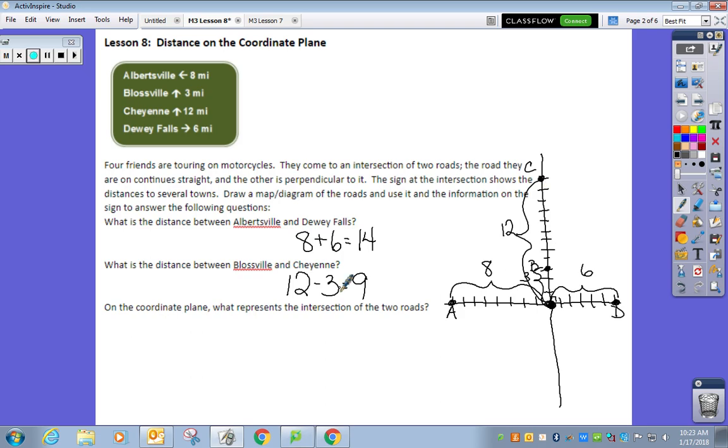So now what the difference is, why am I adding for one and subtracting for the other? What it is is where they're in location to me. So for Albertsville and Dewey Falls, one was to the left of me and one was to the right of me. So they were on opposite sides of me. So the opposite sides, we added.